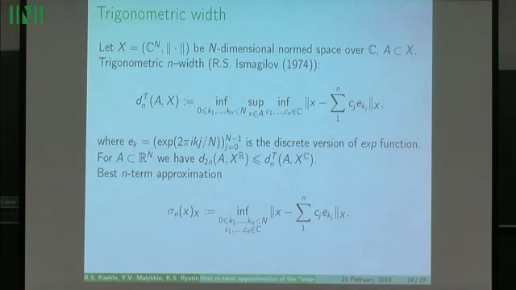And also here I recall a well-known notion of best n-term approximation according to this system of exponents. So I try to approximate my element x with the best possible linear combination of n exponents with some coefficients.